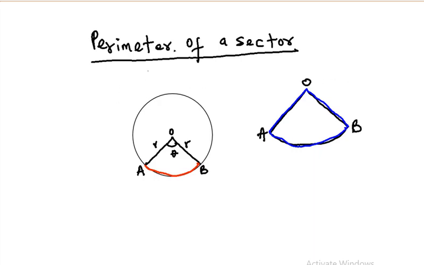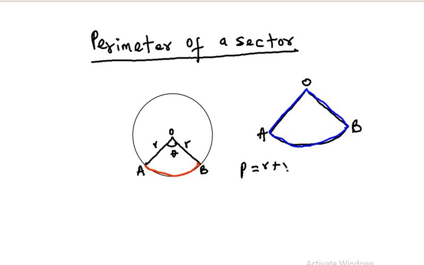So what comprises this whole thing here? I added here, so this is my R. So the perimeter of a sector is given as P equals, for perimeter, OA or AO is R, the radius, plus OB.